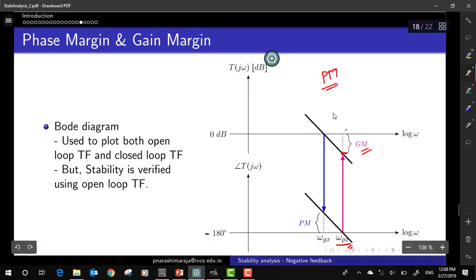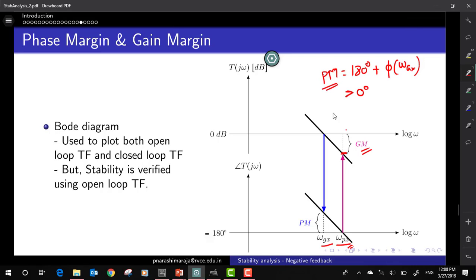Now that is the frequency I've taken, and at that particular frequency I'm trying to read the phase margin. This phase margin is defined as 180 degrees plus the phase value that you read at the gain crossover frequency, omega gx. Is that clear? Now if this quantity is greater than 0 degrees, then you would end up having a stable system.